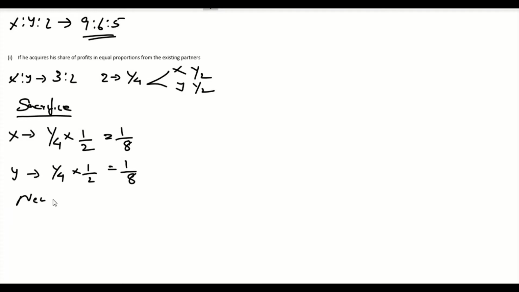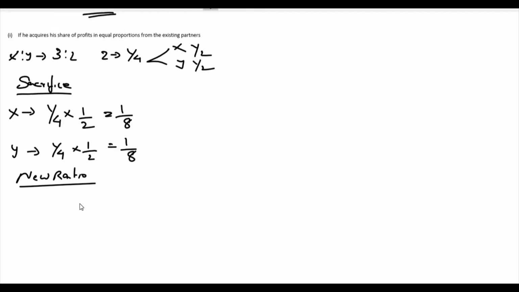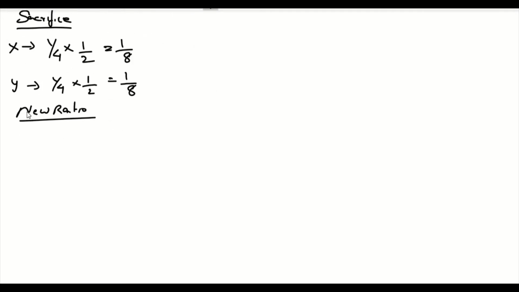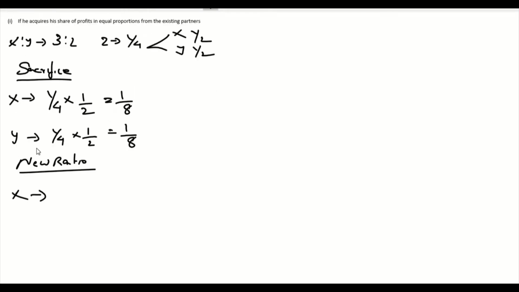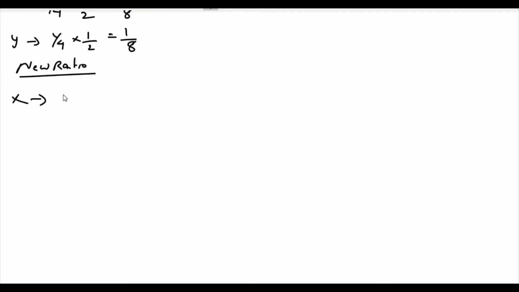Then we have to find the new ratio. The new ratio for X, his original share is 3/5 minus his sacrifice 1/8. That is equal to 24 minus 5/40.